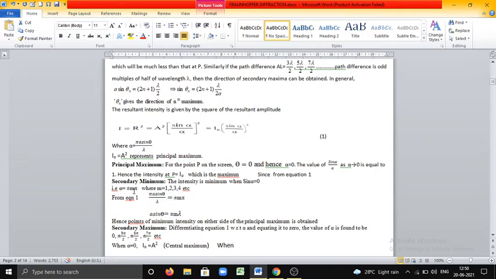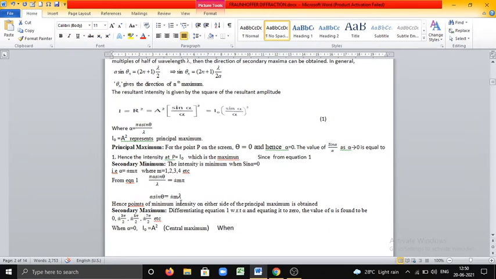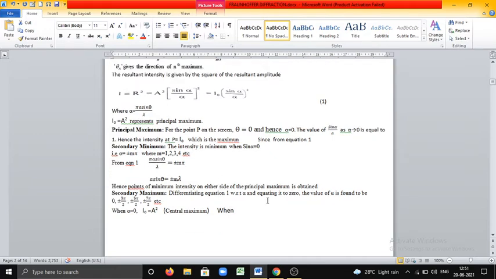So pi a sin theta by lambda is equal to plus or minus m pi. Pi gets cancelled. Therefore, a sin theta is equal to plus or minus m lambda. Hence, points of minimum intensity on either side of the central maxima are obtained. On either side of the central maxima, these secondary minima will be produced.